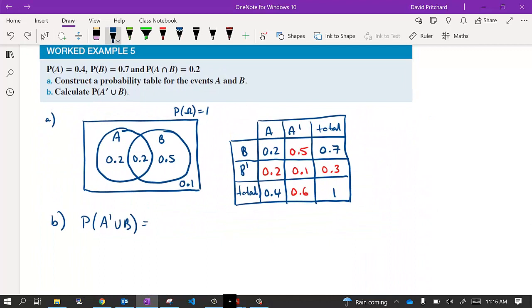So I'll be saying that it's the probability of not A plus the probability of B, and I'm going to subtract the probability of not A and B.